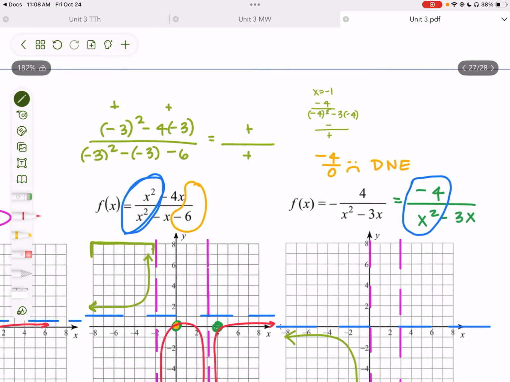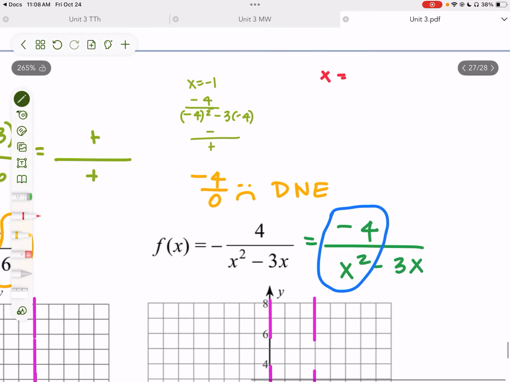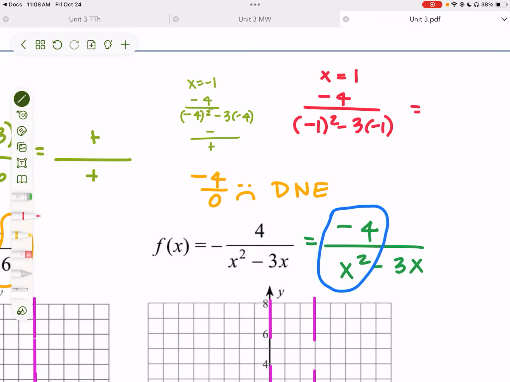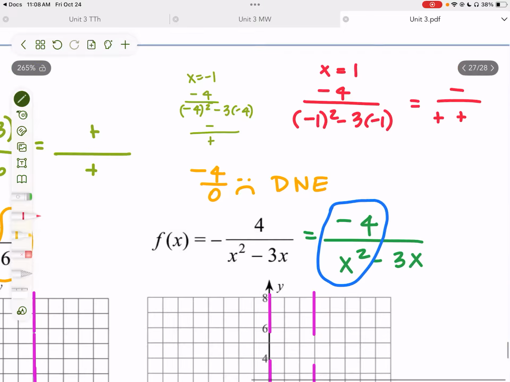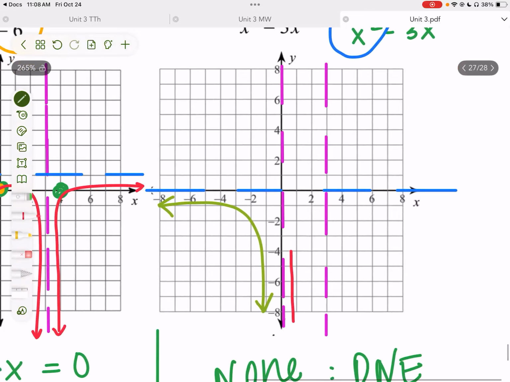I'll go ahead and try 1. So if x equals 1, we have -4 over -1 squared minus 3 times -1. That's negative. And then that's going to be positive, positive. So we're going to have a negative here, which means I'm just going to have that U shape, very skinny in the bottom.